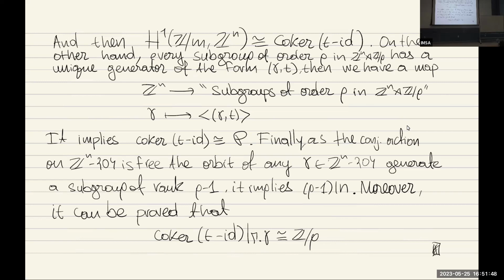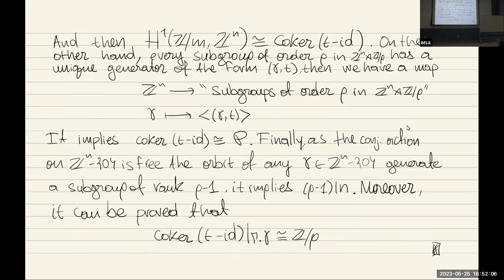On the other hand, note that if we have a group of order p, it has a unique generator of this form, gamma and the second component the fixed generator of Z_p.